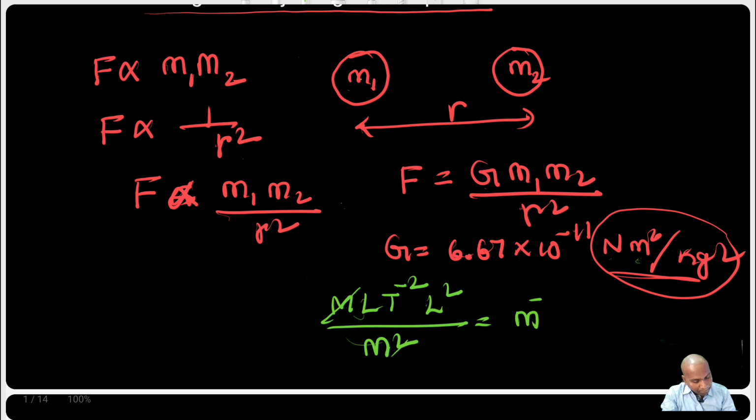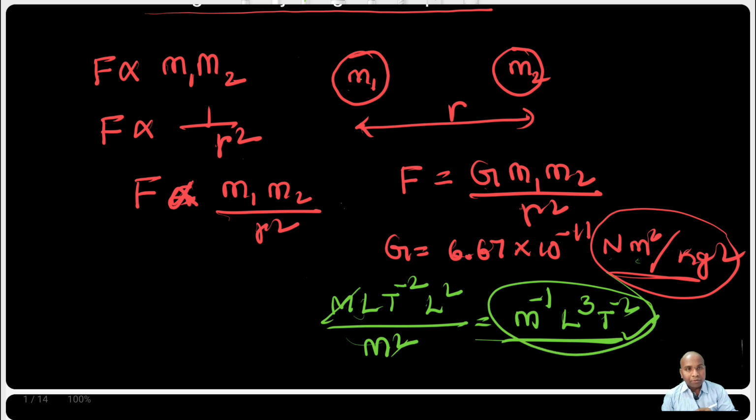Then m power minus 1 L cube t power minus 2. This is the dimensional formula of the universal gravitational constant. It is one of the important ones.